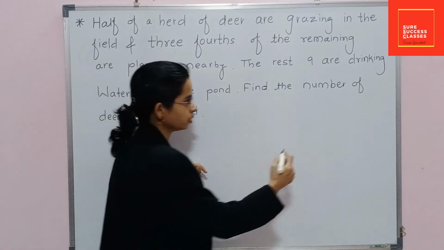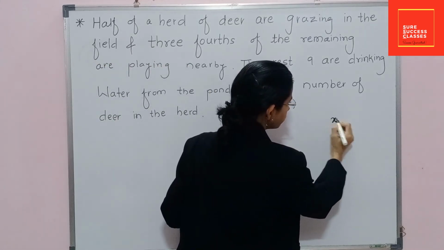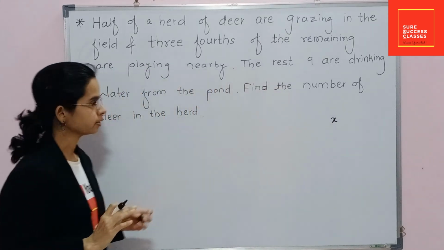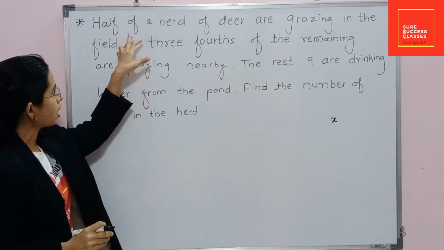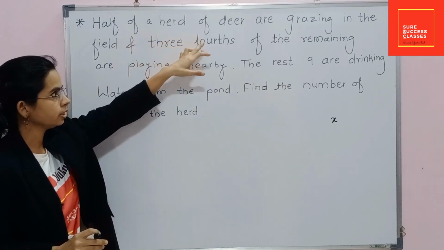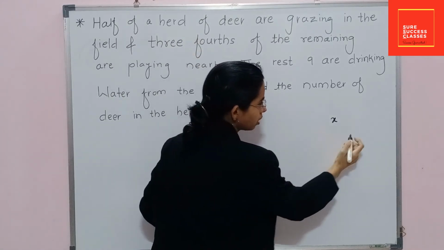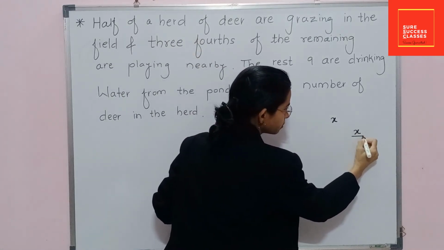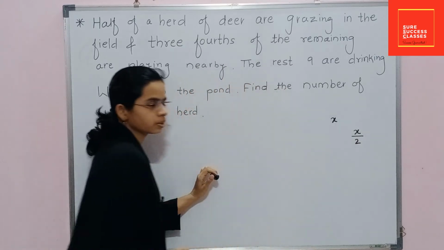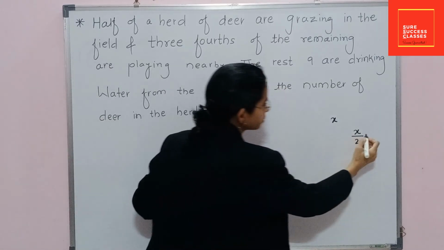So first, if we take the total number of deer as x, so half of a herd of deer are grazing, means from this total, half, x by 2, they are grazing.